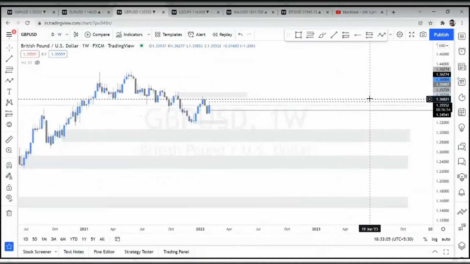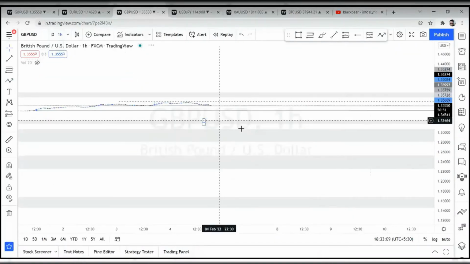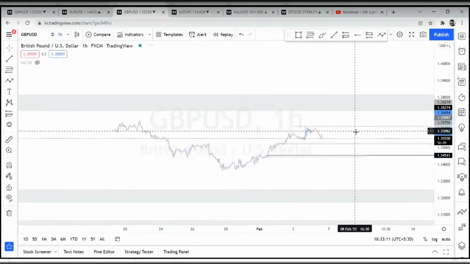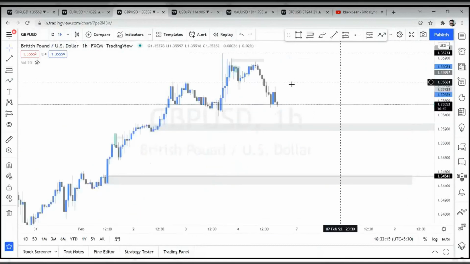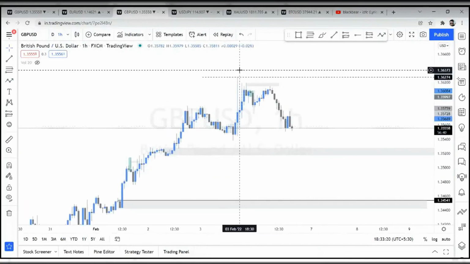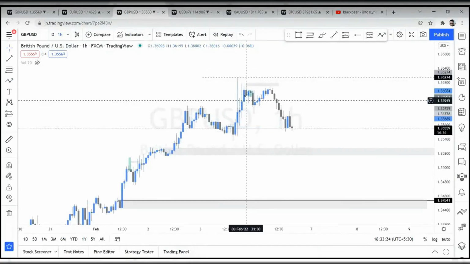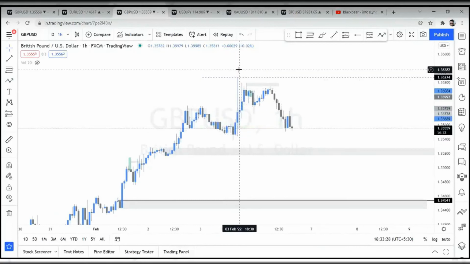So let's look at the small time frame of this. Where are the areas we are interested in? You see this move, right? This candle. This was their interest rate decision, from 0.25 to 0.5. They increased their rate, and you see the reaction of the market.